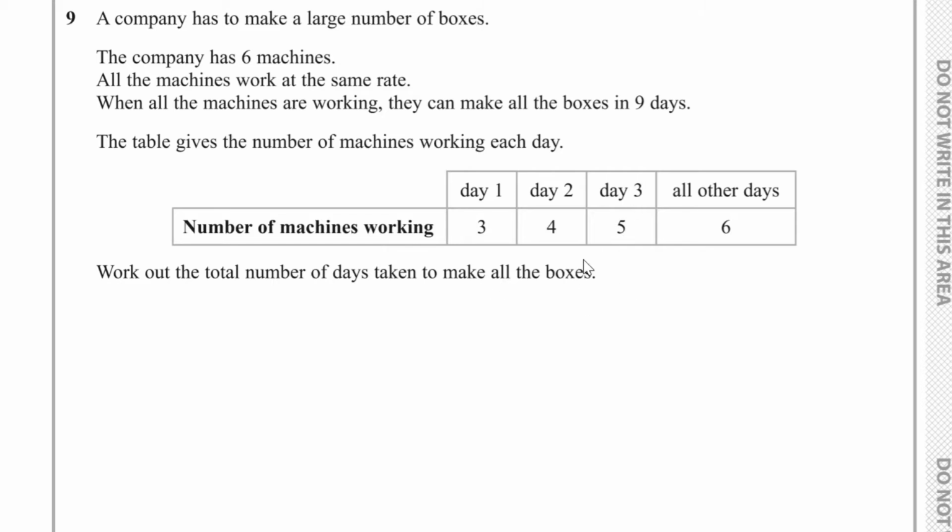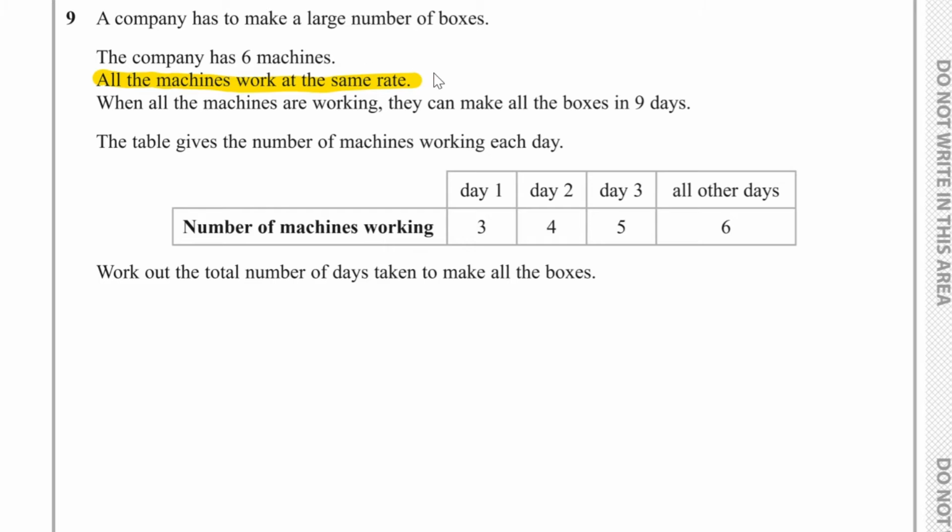Well, over here, the total number of days, we've got 3 days over here, plus all the other days. That would be the total number of days. And for us to answer this question, we actually need to find out what all the other days amount up to. Now, what's key in this question is that all the machines are working at the same rate.